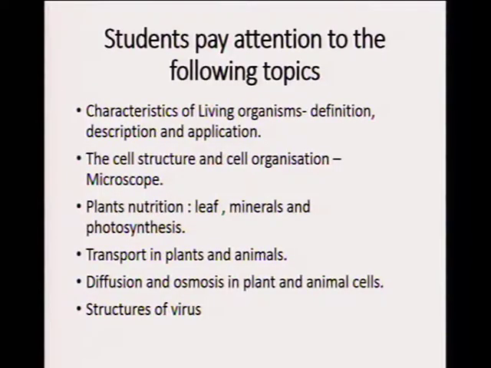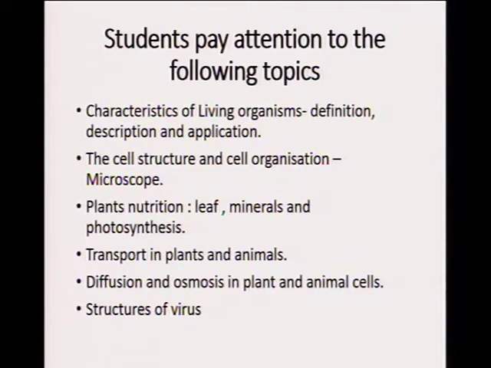Familiarize yourself with examples of cells found in animals as well as plants. Also know examples of tissues found in plants and animals, and examples of different organs and organ systems found in animals and in plants.